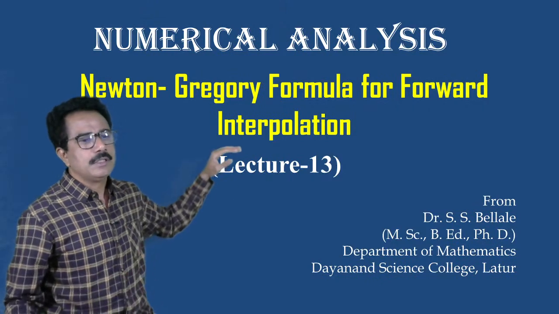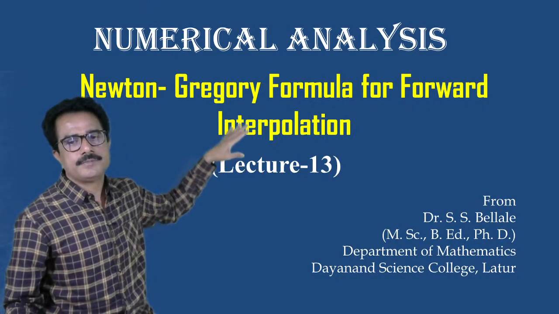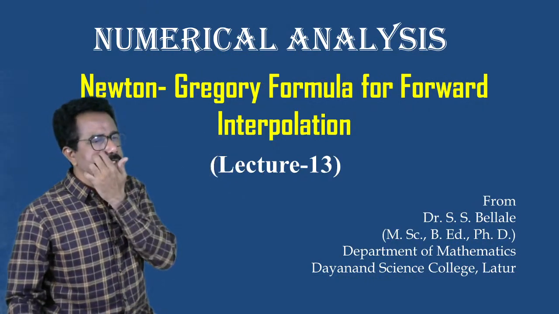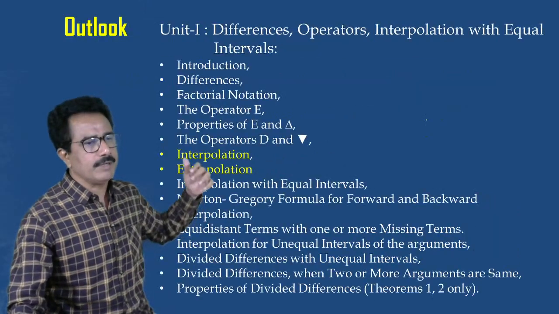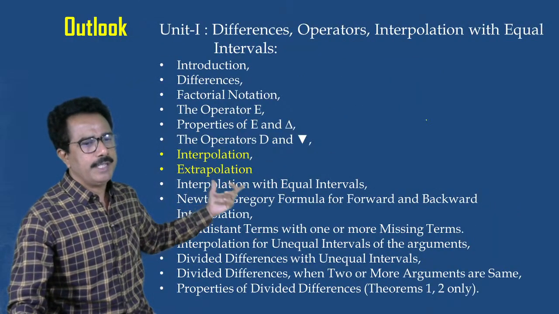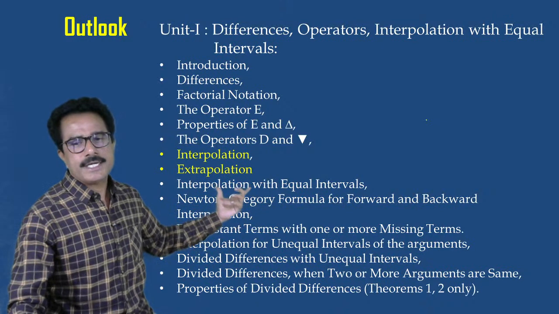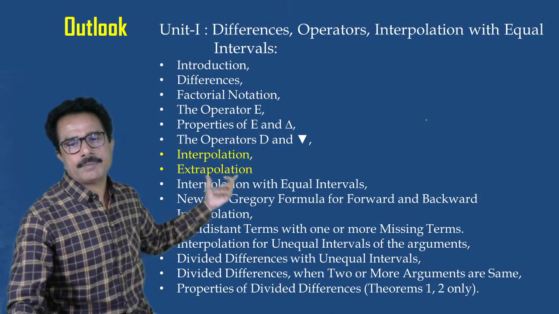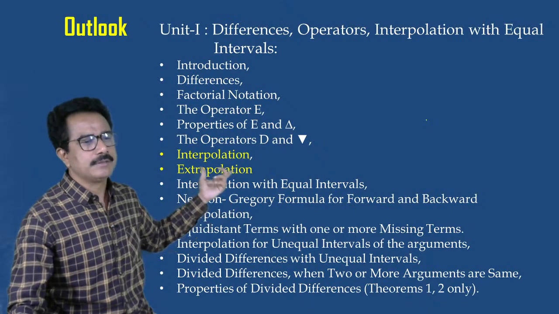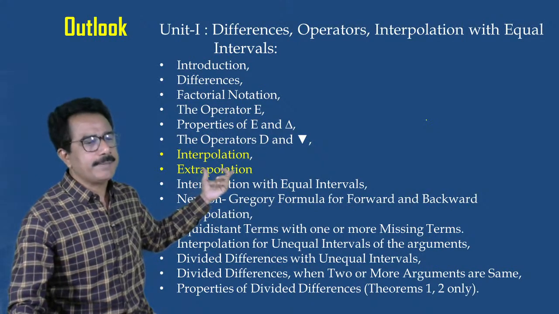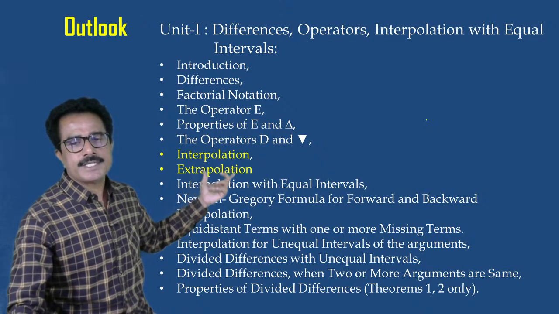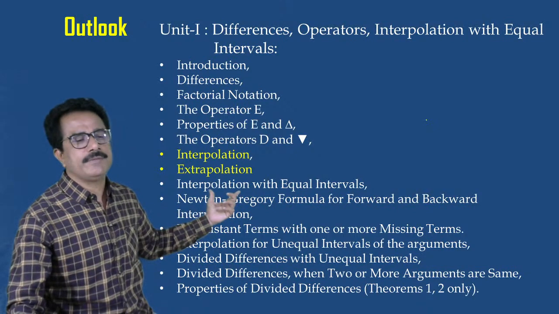Today we shall discuss the next part, the Newton's-Gregory formula for interpolation. Yesterday we have seen interpolation with equal interval. That means interpolation, extrapolation and interpolation with equivalent interval, which we have seen.